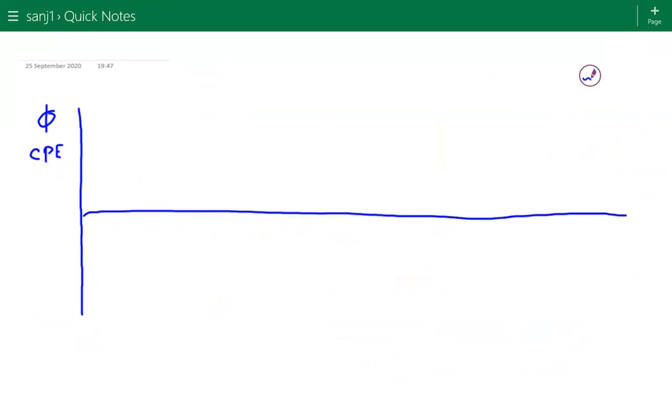Suppose this y-axis represents the phase angle of CPE, and this is the origin.